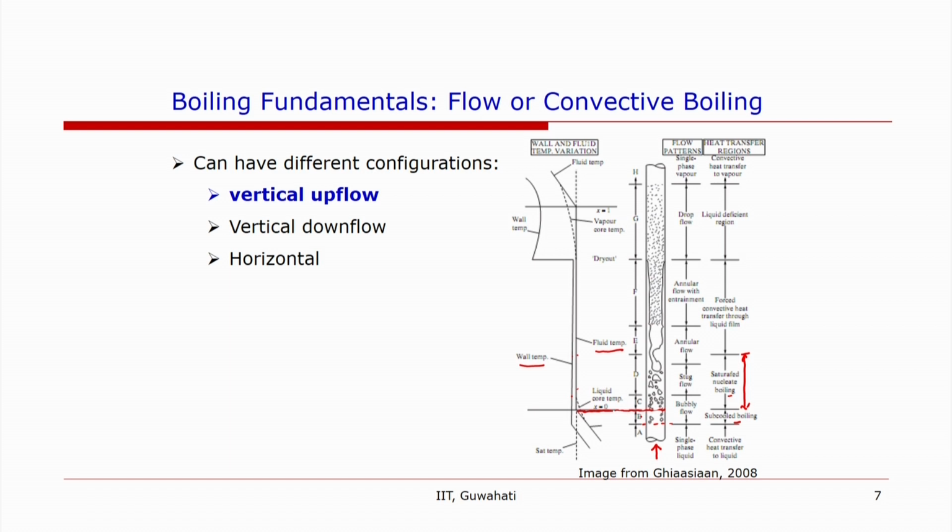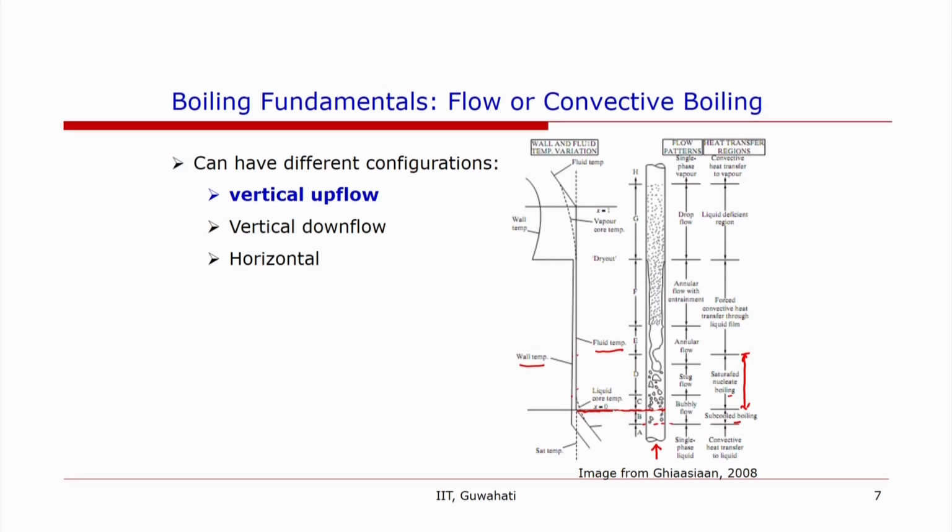If you refer to the discussion of flow regimes that we had for adiabatic flow, where there was no heat transfer, then at low gas flow rates, the flow regime was the bubbly flow regime. So here we see the appearance of the bubbly flow regime at the entrance of the channel, because the quality is low here.